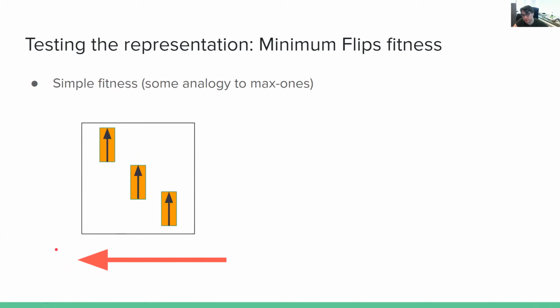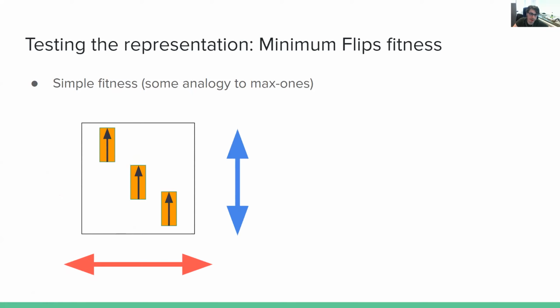So this problem is a bit too easy, so we can make it harder by having two fields. And now what we do is cycle the field like this, and then we cycle the field up and down, and we do this a few times. And now this problem has no trivial solution, basically. The EA has to make use of the local interactions between the magnets to hold them in place.